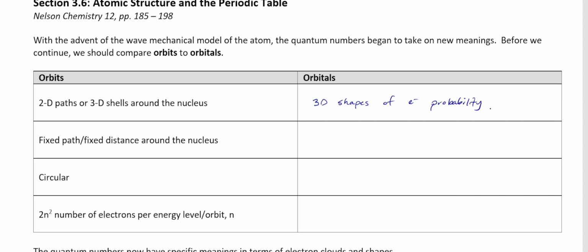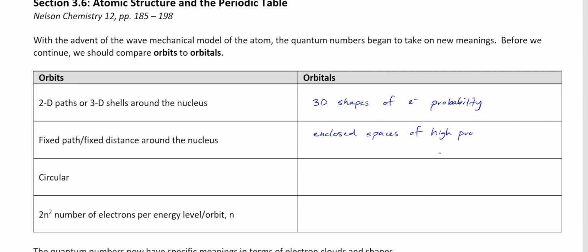The orbits had a very fixed path and fixed distance around the nucleus. We can picture that in our head of these electrons moving in a circle around the nucleus, whereas orbitals are essentially enclosed spaces of high probability.